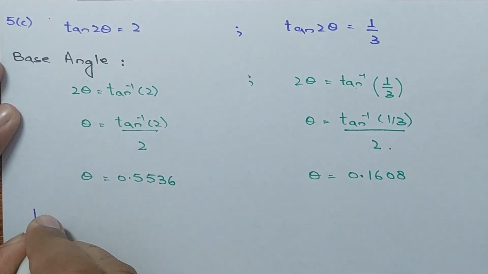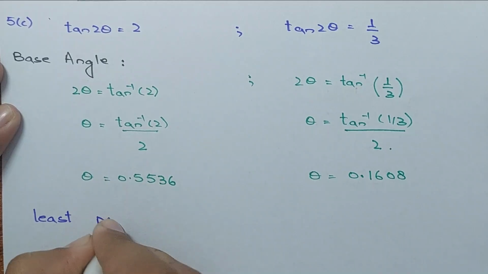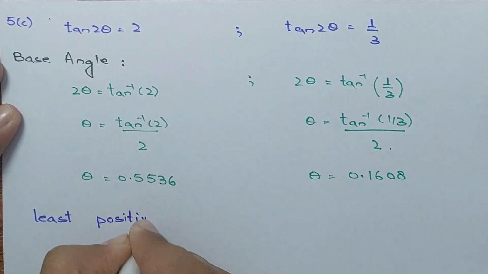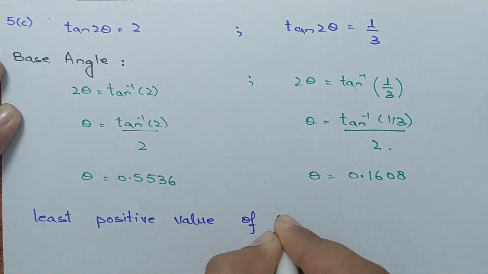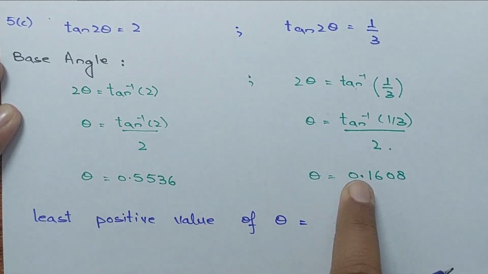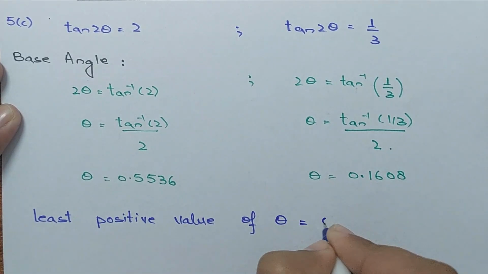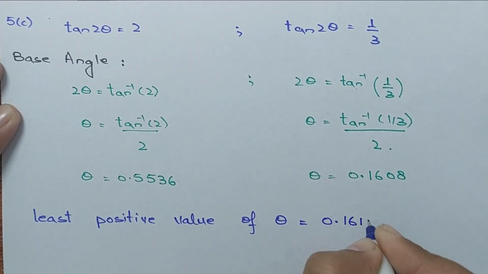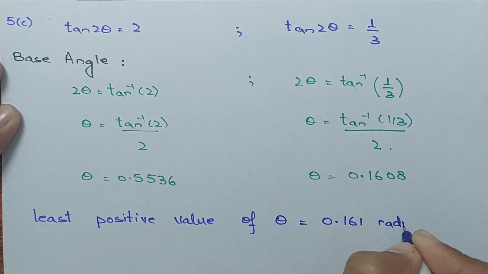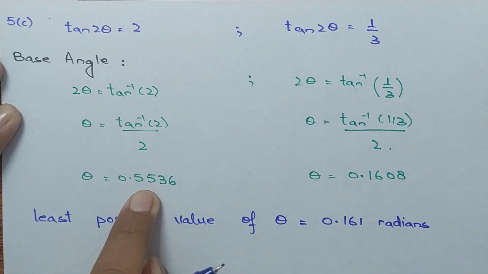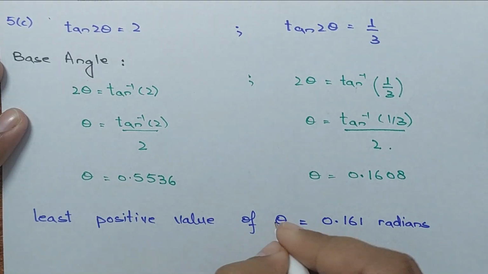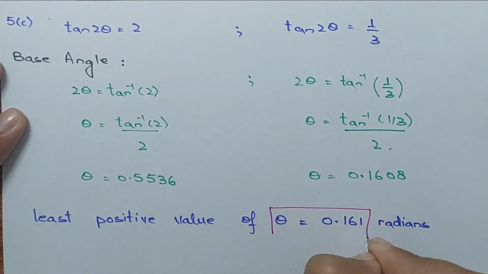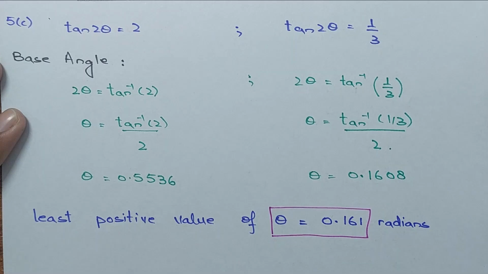So we can say the least positive value of theta is 0.5 or 0.1. 0.1 is the least, 0.161 radians. This one is also correct, but this one is not the least one, because in the question we just need to pick the least positive value of theta. So this is the least positive value of theta in radians.